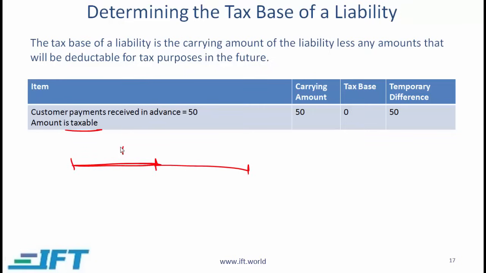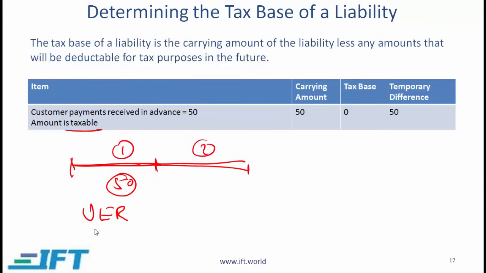So let's say we are talking about period 1. The amount received in advance is 50. The service or the product will be delivered next year. On the tax side, this 50 is taxable, but on the accounting side, we need to create a liability called unearned revenue.